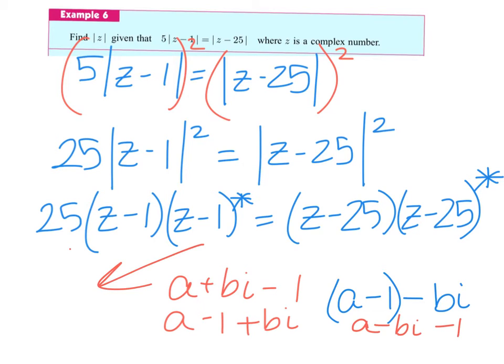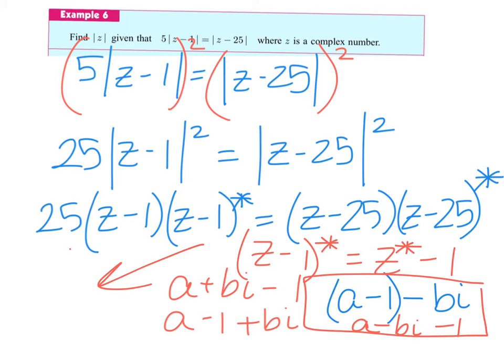Okay, so I could just rewrite this and say, hang on, I didn't say this very well, but basically, if I have z minus 1 and I want to take its conjugate, it's the same thing as saying the conjugate of z minus 1. I can regroup things and move things around. See how these two parts are the same but written in a different order.